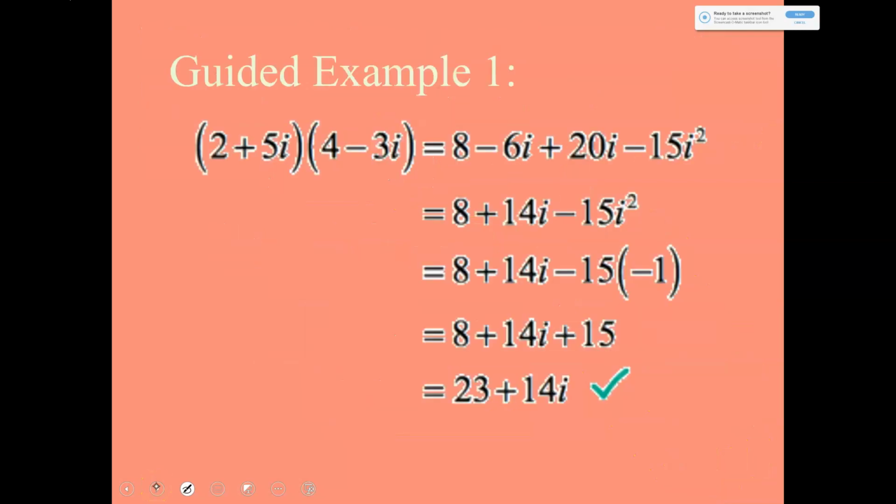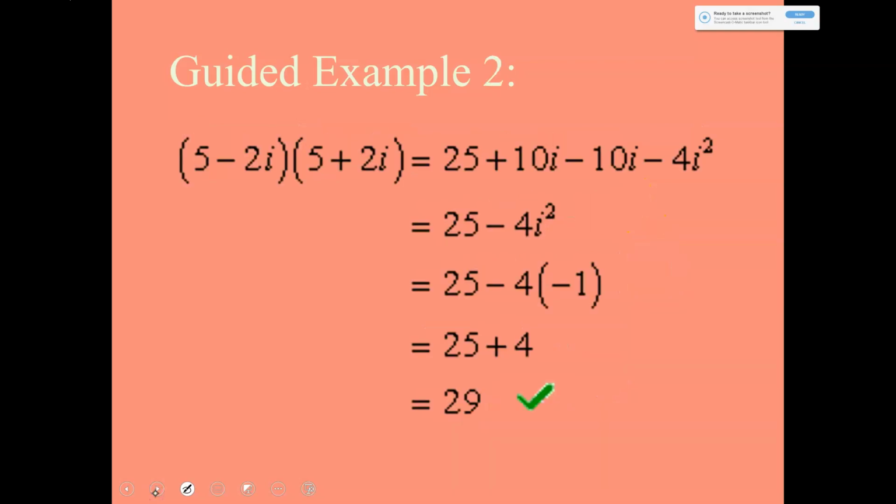Here's a guided example if you want to look at it. See how they replaced the i squared with that negative 1? Okay? So if you need to, pause this screen and you can look at these detailed steps, and that might help you out too. I've added another guided one in here because in this one, if you notice, your middle terms cancel out here because a positive 10i and a negative 10i, they cancel each other out.